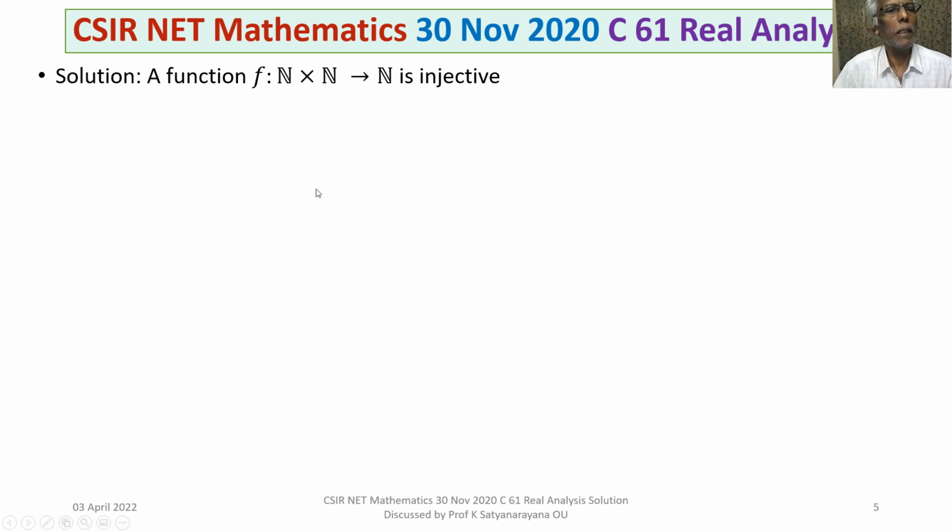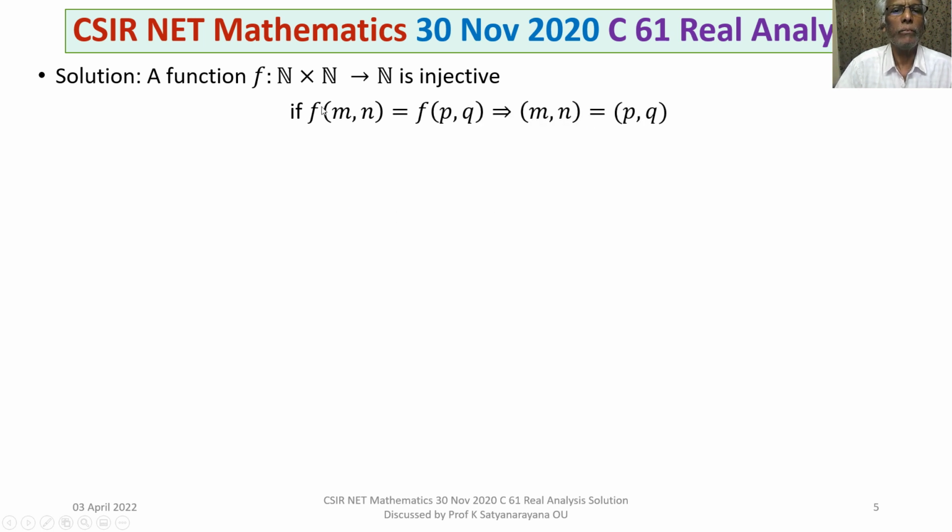Let's recall the definition of the injectiveness of a function. A function f from N cross N to N is said to be injective if f of m comma n is equal to f of p comma q implies m comma n is equal to p comma q.